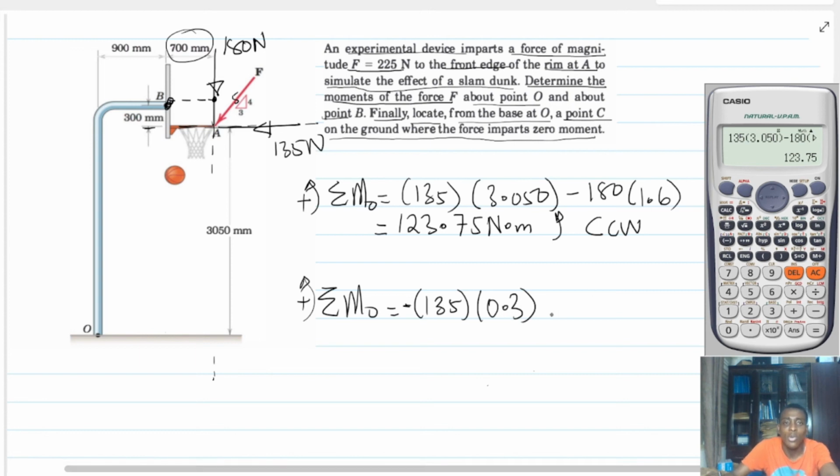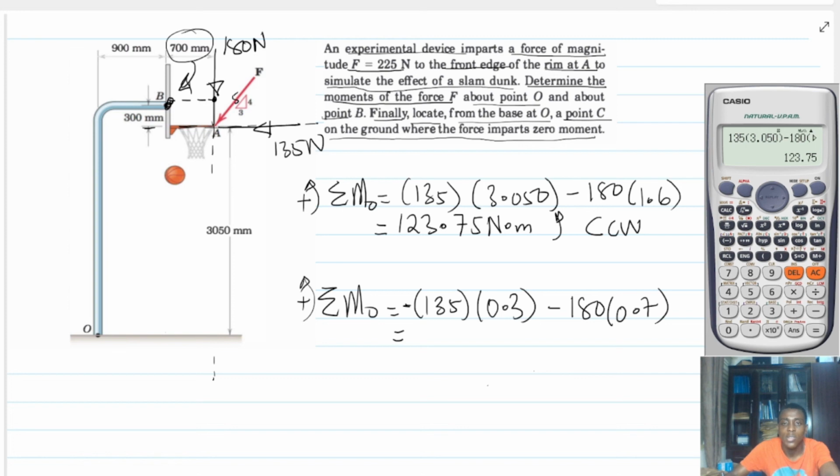And therefore, I'm going to do what? But it's going to also be what? Clockwise. So minus 180 into 0.7 meters, which is the same as 700. So what is the resultant moment then? The resultant moment is going to be minus 135 multiplied by 0.3 minus 180 multiplied by 0.7.